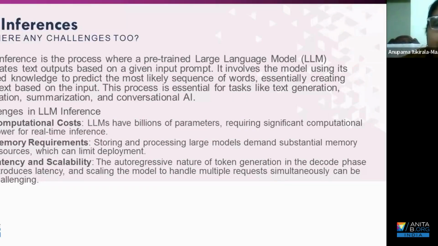And now the inferences. We all know that there is a thing called references and inferences. In LLMs, we only talk about inferences, which is the process of the pre-trained language model generating text outputs. This is very much related when we do ChatGPT prompting. We understand this technique, that we are trying to give an inference. The example I said, Miss World 2025, probably it belongs to India.